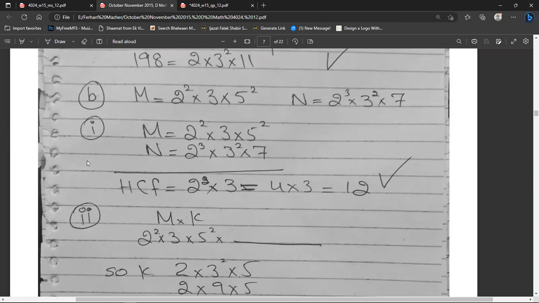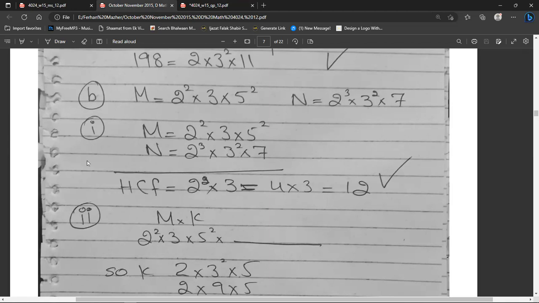So in the HCF, we take only those factors which are common in both of them. And if a number is common, then I will take its smaller power, the smallest power. So for example, factor 2 is common in both of them, M and N. I will take 2 because in the HCF we note down the common factors, and I will note down its smallest power, which is 2 here. 3 is common, its smallest power will be 1.